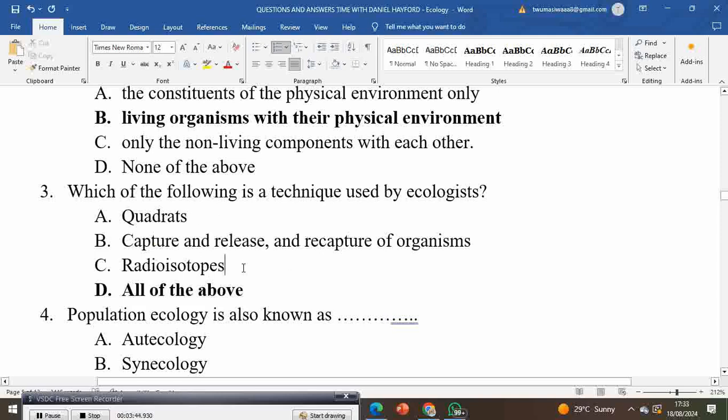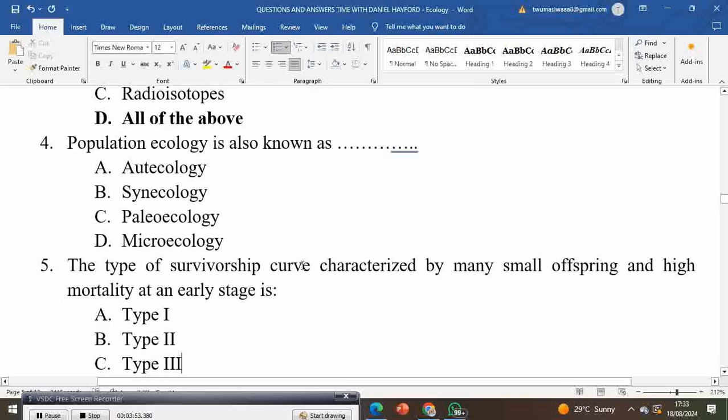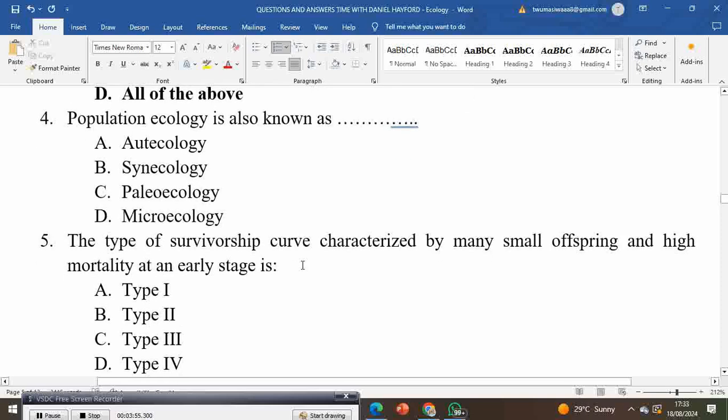All these are techniques used by ecologists: quadrats, capture and release and recapture of organisms, and radioisotopes. Now, what about question number 4?